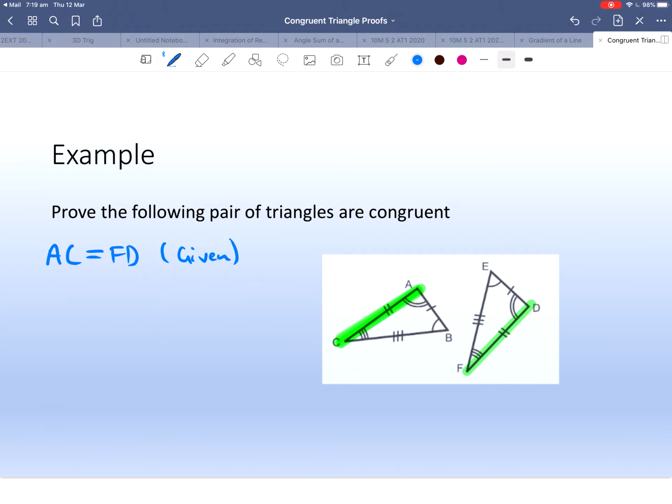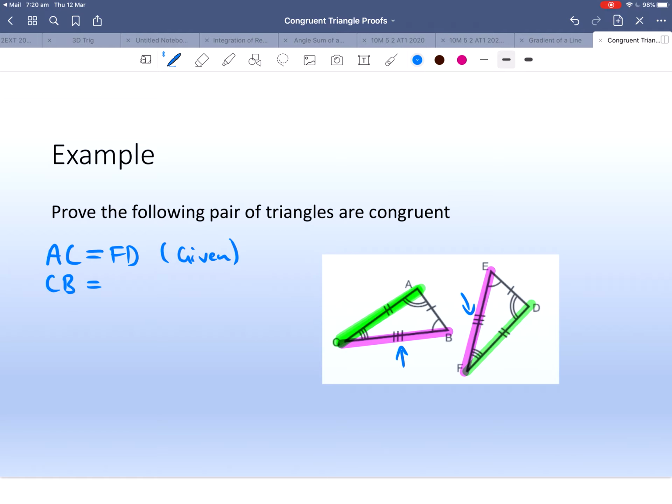Okay, so it's a bit weird compared to anything you've probably done in this course so far. Now I know that CB is the same as EF, okay, because of the same symbols. So I'm going to write that down. CB, if I wrote BC, it's exactly the same thing. So don't worry about it at all.